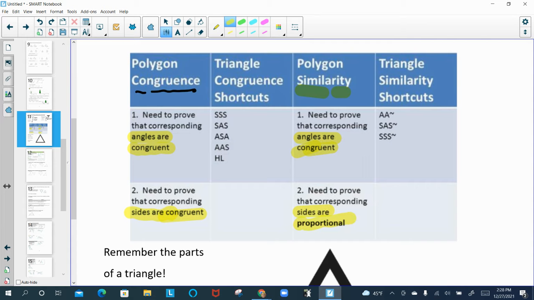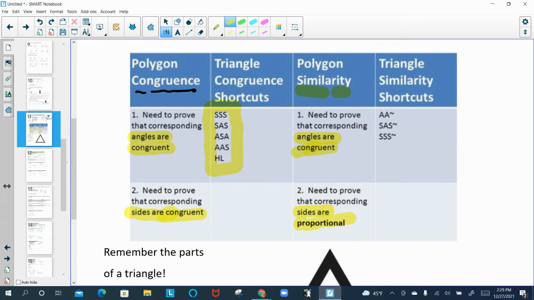Now, if you recall, during our unit on congruent triangles, we had 5 shortcuts: side-side-side, side-angle-side, angle-side-angle, angle-angle-side, and HL.